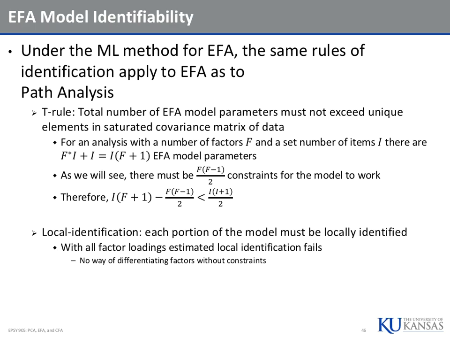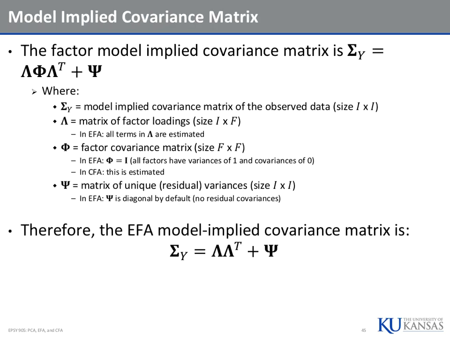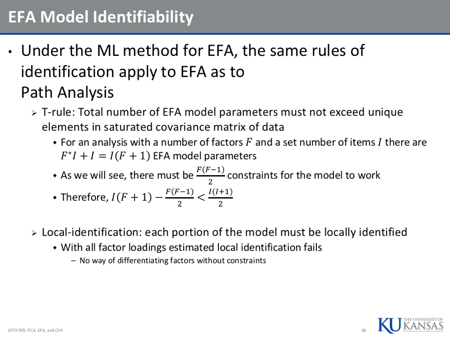We don't get eigenvalues and eigenvectors out of it. What we get is our covariance matrix recombined into a set of key terms, factor loadings, and residual variances, which we call unique variances. So the way that we tell how many parameters we can estimate is by coming up with a count of the total number of parameters that would be in a saturated covariance matrix already, just like we did in path analysis.